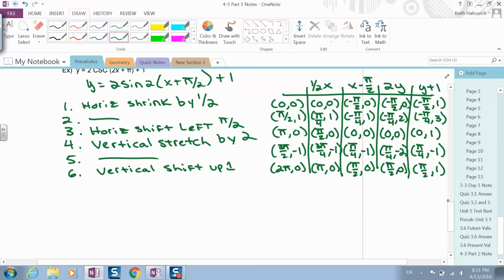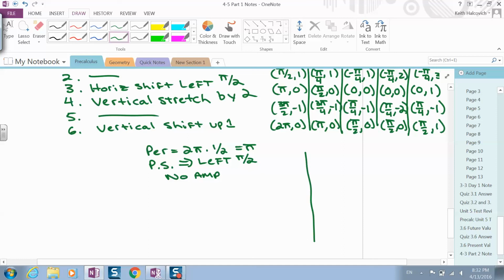All right. If you notice, the period is 2 pi times 1/2, which is pi. The phase shift is to the left, pi over 2. And remember, there is no amplitude in the cosecant. So remember, the first thing we're going to do, and because there's some negative x coordinates, I'm going to leave space here.